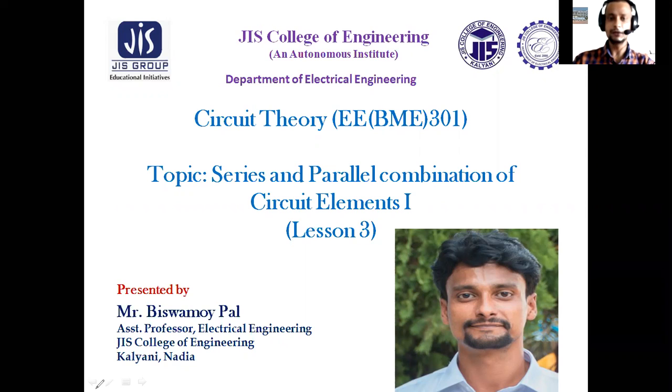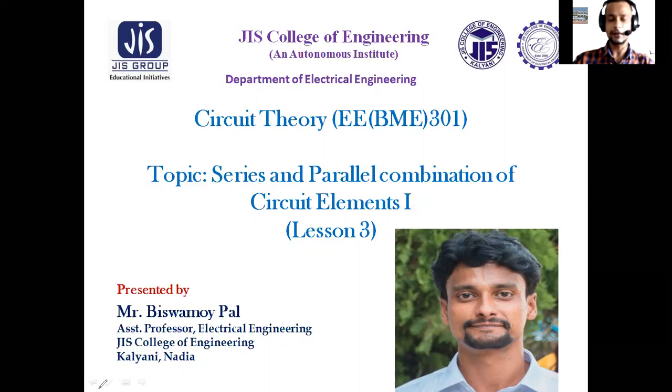Today we'll be discussing different combinations of circuit elements to build an entire circuit. As you may know, an electric circuit may comprise different circuit elements such as electric sources, resistors, inductors, capacitors. All these elements together form an electric circuit.